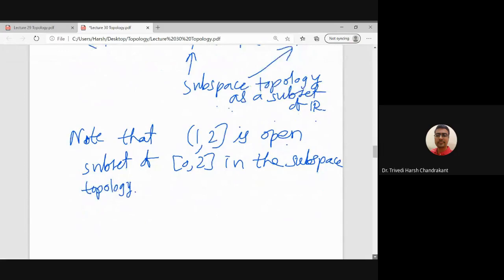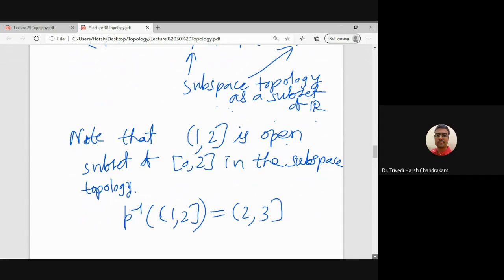So let us check what is p inverse of the set (1, 2). Since we have defined p as x in the closed interval [0, 1] and x minus 1 in the interval (2, 3], the inverse image of (1, 2) will be the open-closed interval (2, 3].